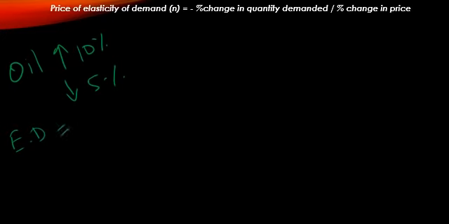The percentage change in the demand is 5%, divided by the percentage change in the price, which is 10%. It should be with the minus, so the value will be 0.5. It is minus, but always in absolute terms it is 0.5. So this is the elasticity of demand.